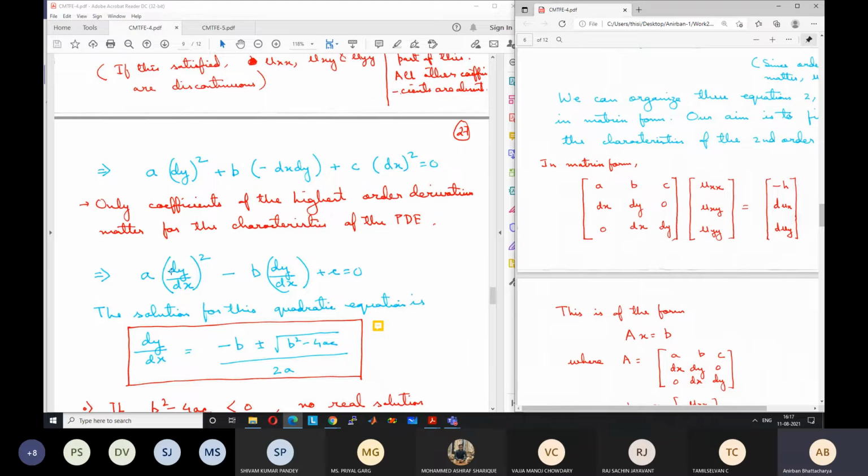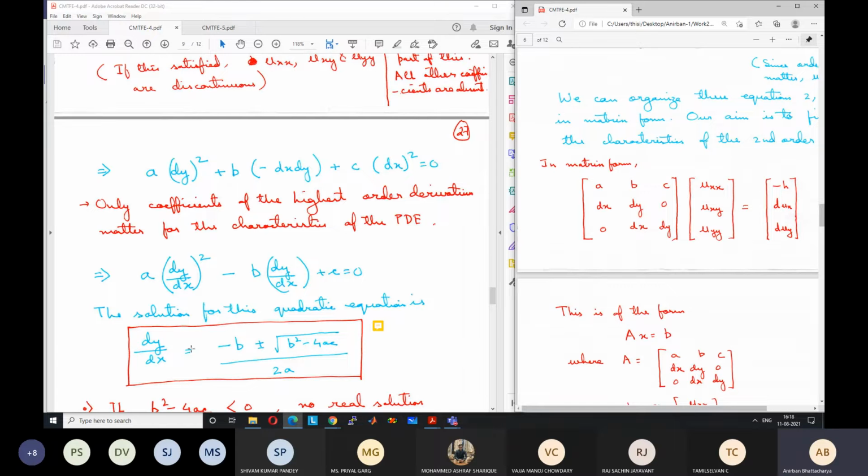So the solution is dy/dx equal to minus of minus B, so this will be plus. I have written here plus B. Please note that this will be plus. Minus of minus B, plus or minus root of B square minus 4AC, by 2A.